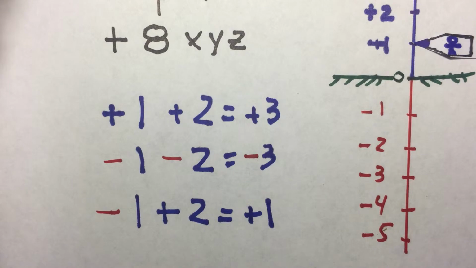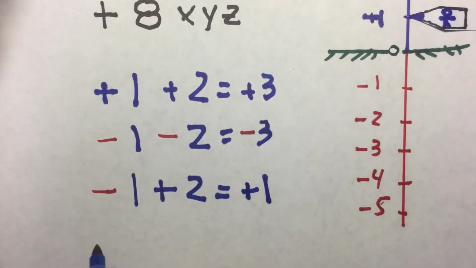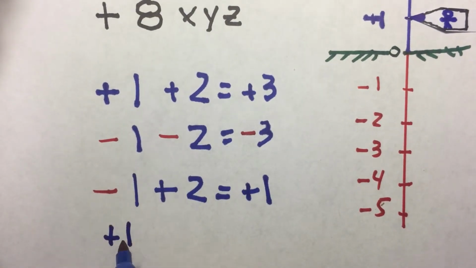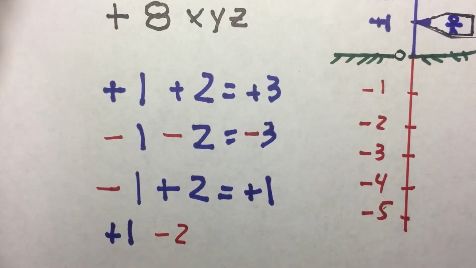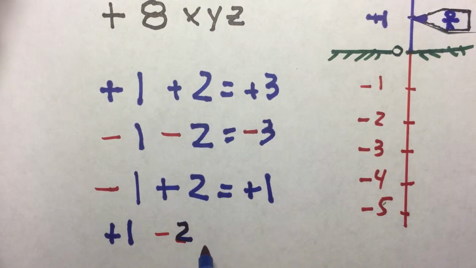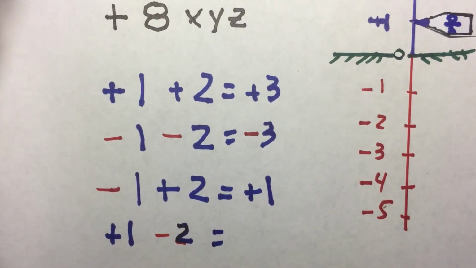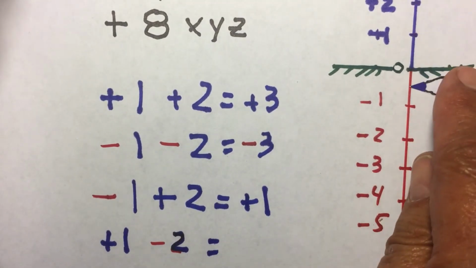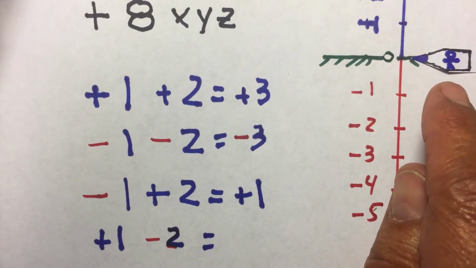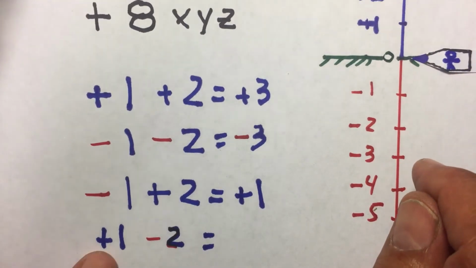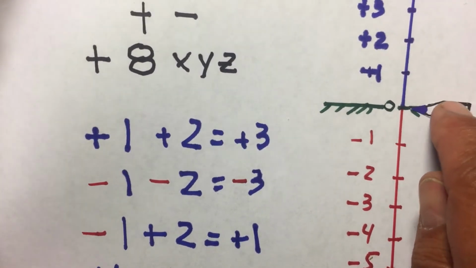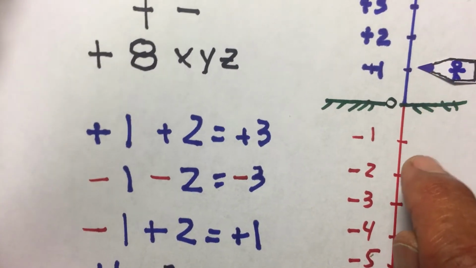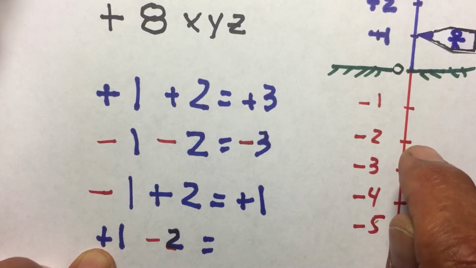Let's do another example. Let's say that we do plus 1 minus 2 equal. In this case, we start with 0. Plus 1 means that we are going up 1.